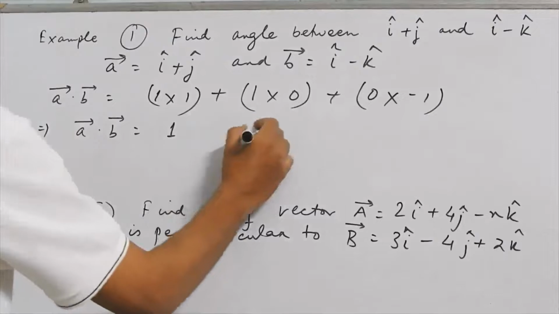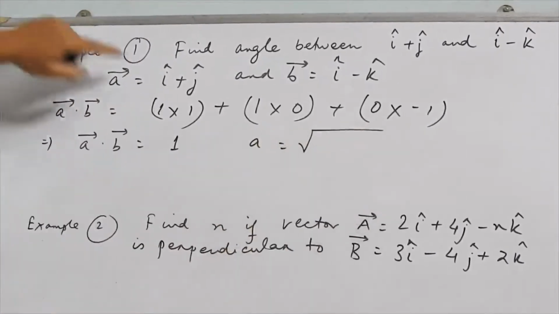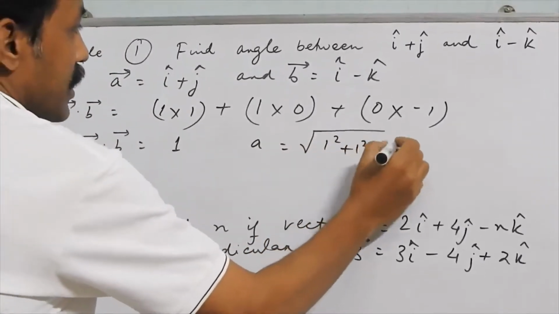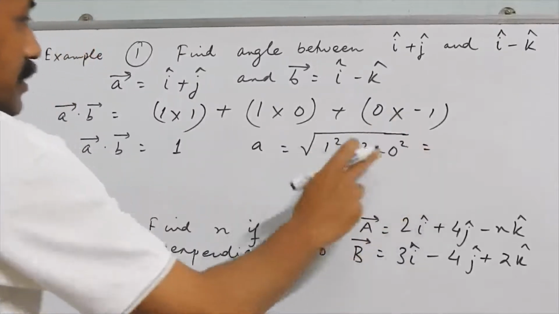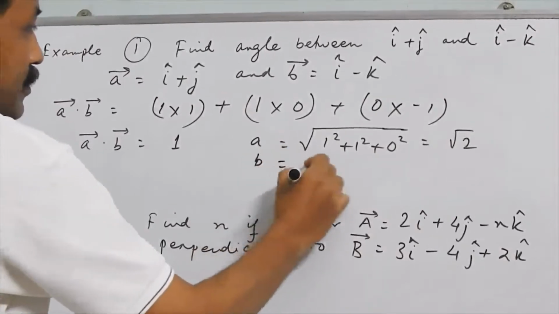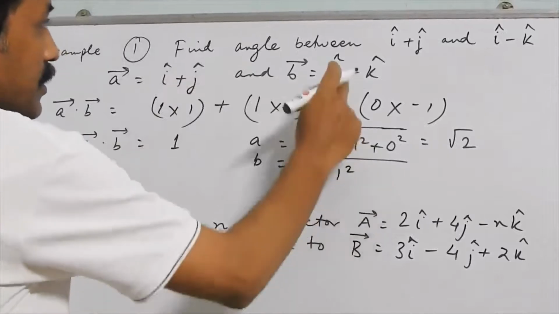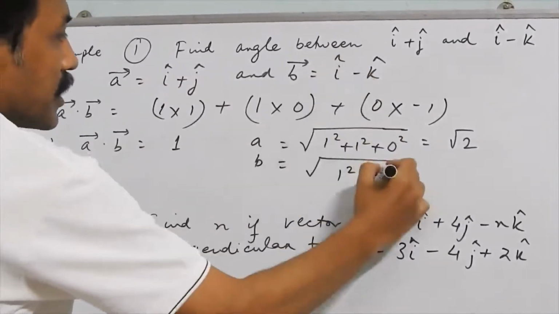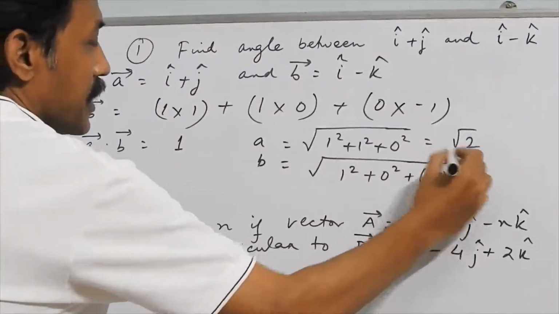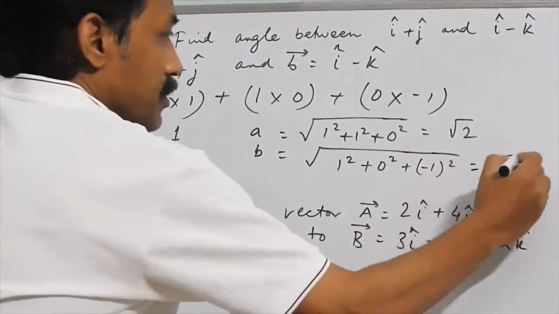And what is the magnitude of A vector? This will be equal to root over 1 square plus 1 square. There is no k, so that is 0 square. So this is root 2. Similarly, what is B? Here you see there is 1 square. There is no y component, and there is a z component, that is minus 1 square, which is obviously plus 1, and again you get root 2.